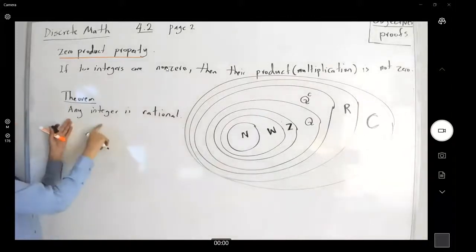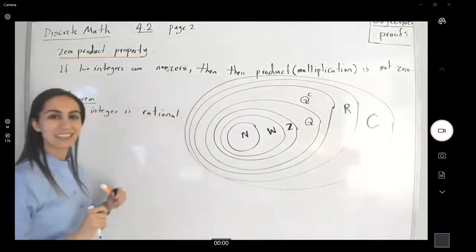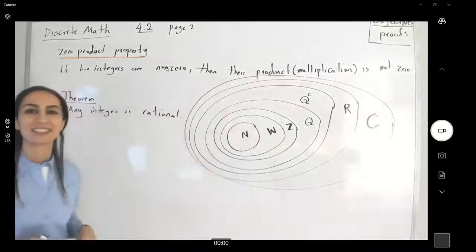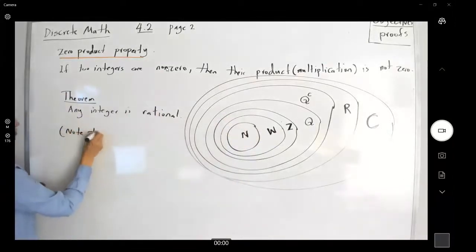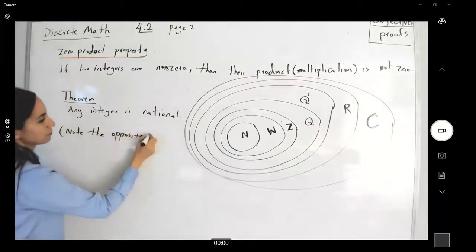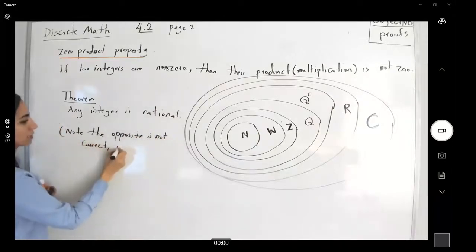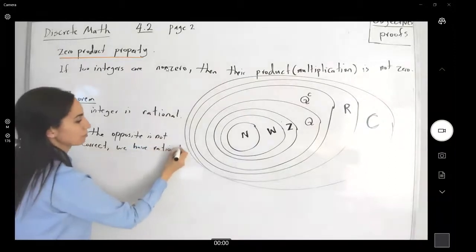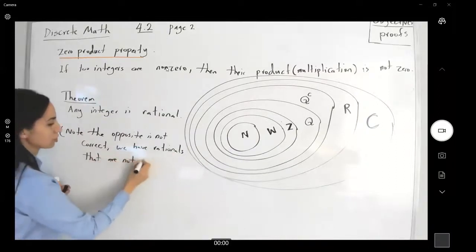So for any integer, that integer is a rational, but the opposite is not correct. Note that the opposite is not correct. It means that we have rationals that are not integers.